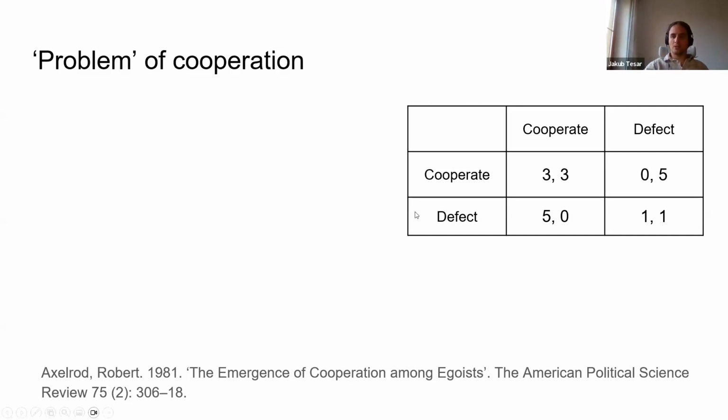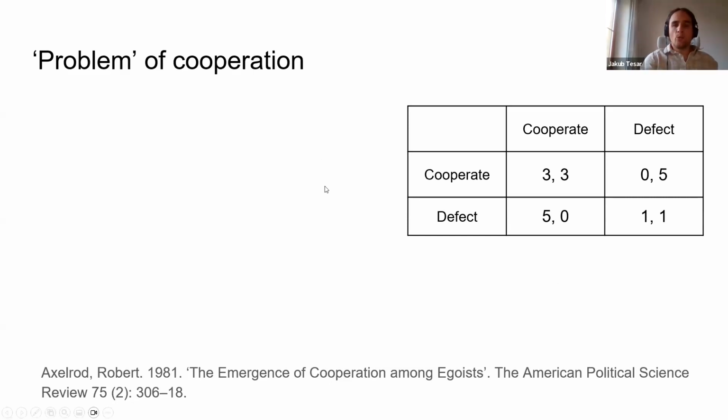In IR, we use it, for example, to model an arms race: the situation where two states face an imminent conflict, and they decide whether they will build up their armies or not.